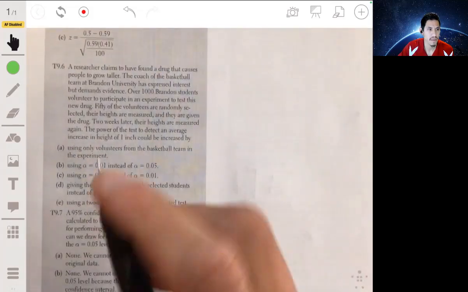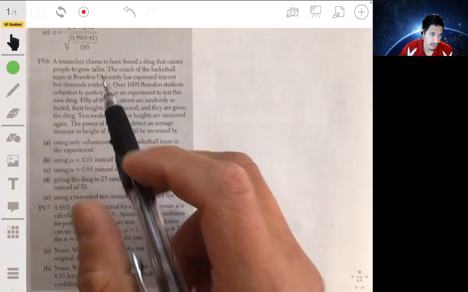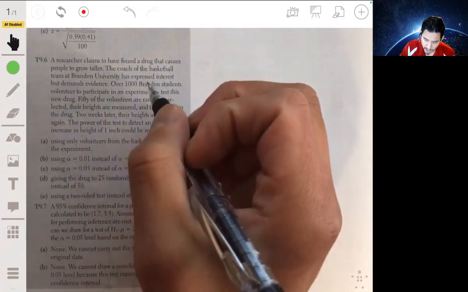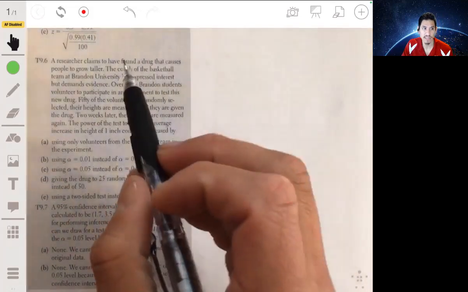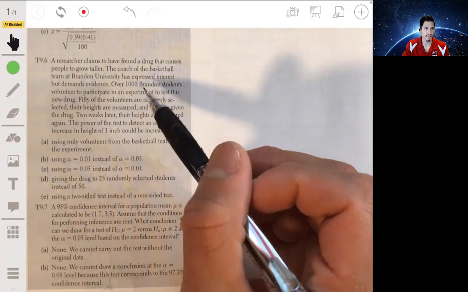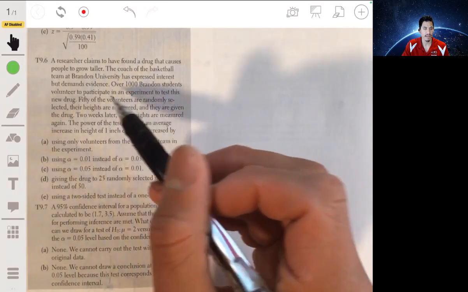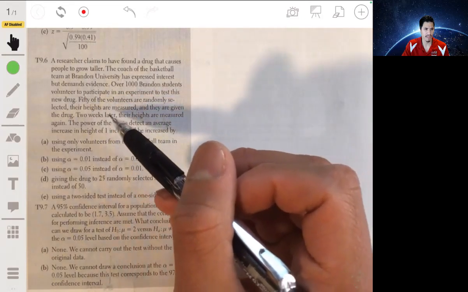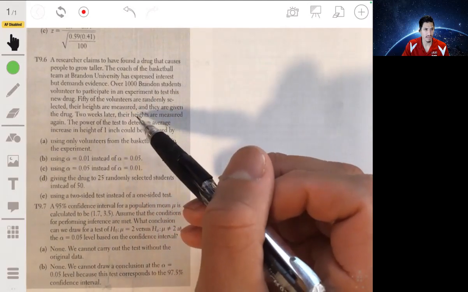Number 6. A researcher claims to have found a drug that causes people to grow taller. Wow, it's quite a drug. The coach of the basketball team at Brandon University has expressed interest but demands evidence. Over 1,000 Brandon students volunteered to participate in an experiment to test this new drug. 50 of the volunteers are randomly selected, their heights are measured, and they are given the drug. 2 weeks later, their heights are measured again.